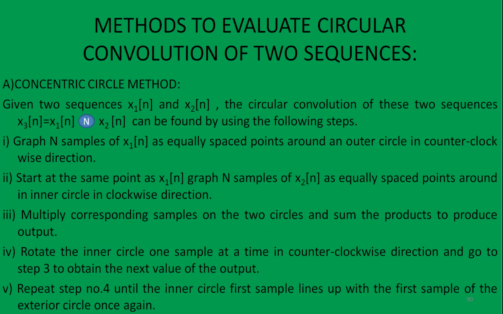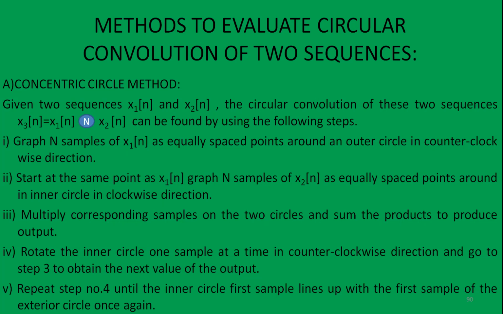The third step: now you have two circles, the inner circle and the outer circle, with the points located. Just multiply the corresponding samples on the two circles and then sum the products to produce the output. The fourth step is to rotate the inner circle.